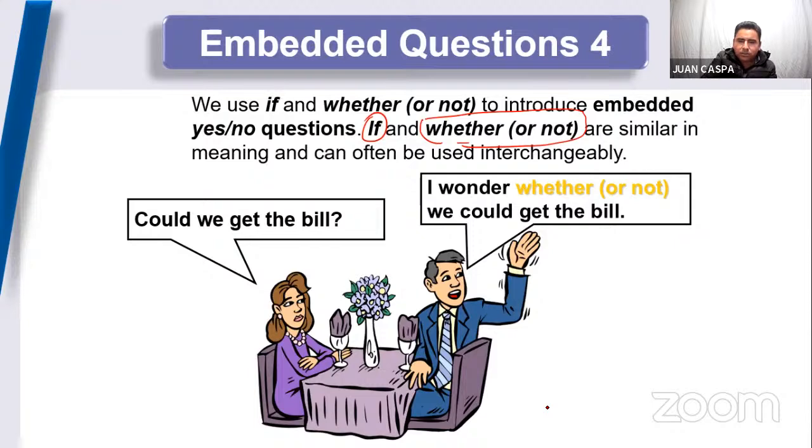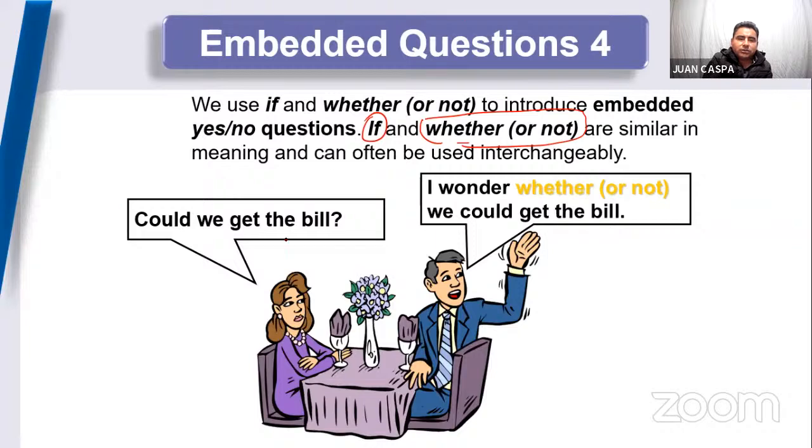We are introducing a yes/no question. For example, could we get the bill? The answer could be yes, right? Or I wonder if we could get the bill. Yes, sure, or yes, of course. I don't know, something like that, right?